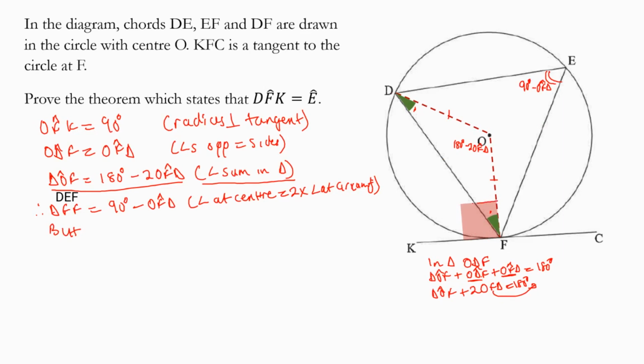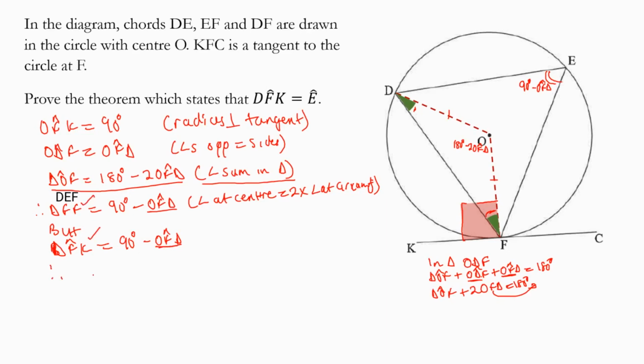This whole angle 90 minus this angle OFD. You see that? So because this is 90 minus angle OFD and this is 90 degrees minus angle OFD, it means that this is equal to this.